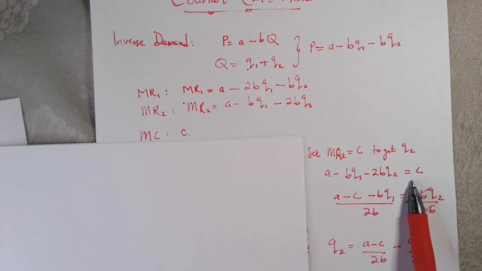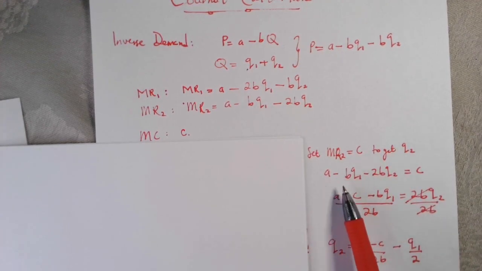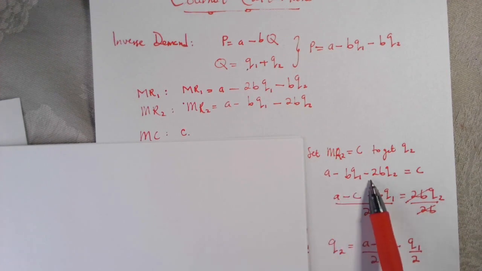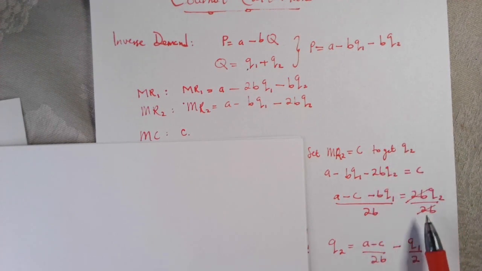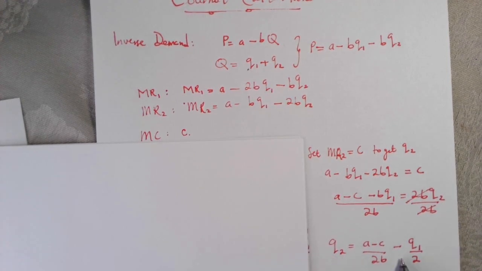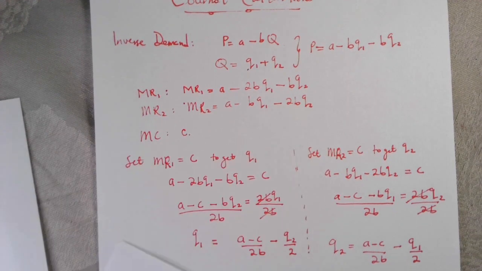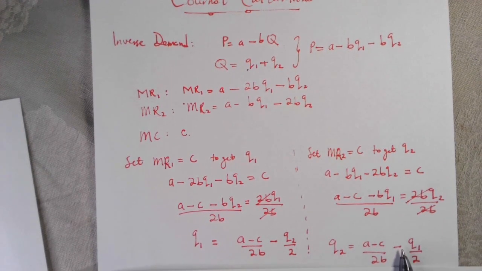So we migrate this C across and we migrate minus 2B Q2 across that equal sign and then divide through by 2B to get Q2 to stand on its own. That way, we can write Q2 this way. You now have Q1 equals that and Q2 equals that. Two equations with two unknowns.